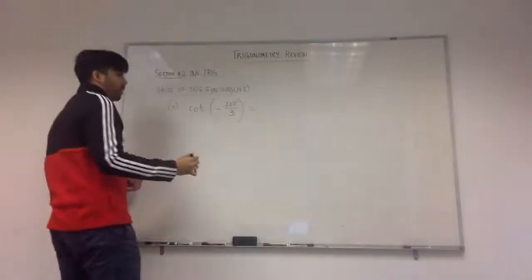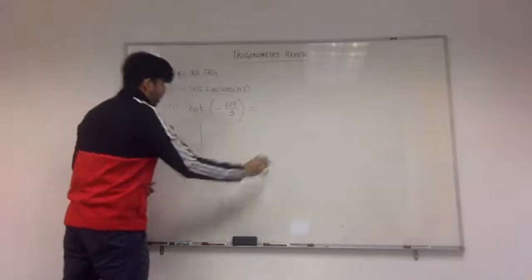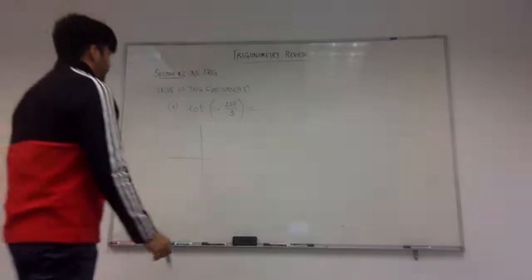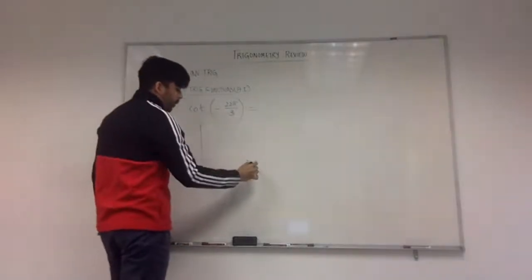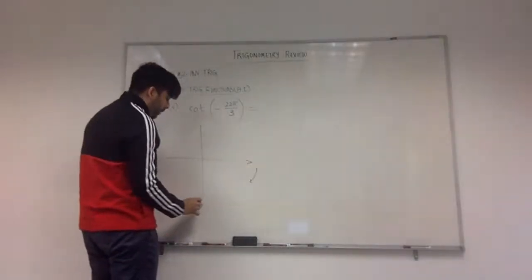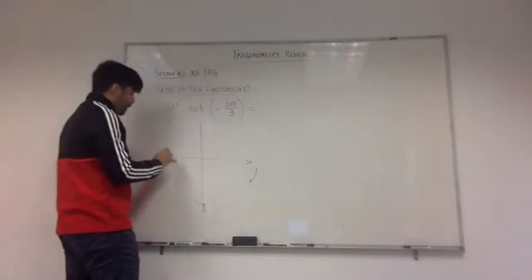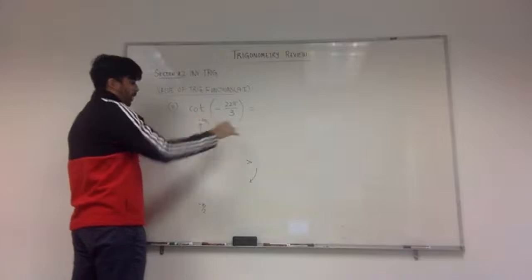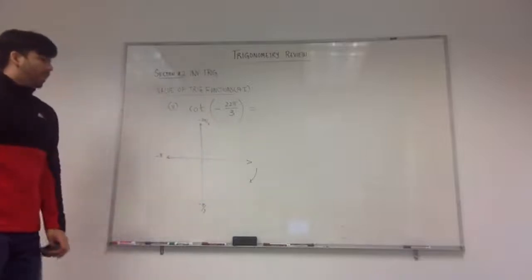So again, the same question becomes, where is this angle negative 22 pi over 3? And because it's negative, we know we're going in the clockwise direction. So again, this would be negative pi over 2. This is negative pi. This is negative 3 pi over 2 because we're moving in the clockwise direction.